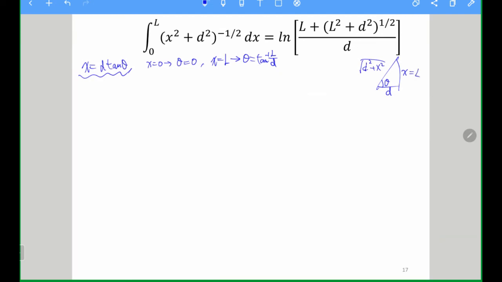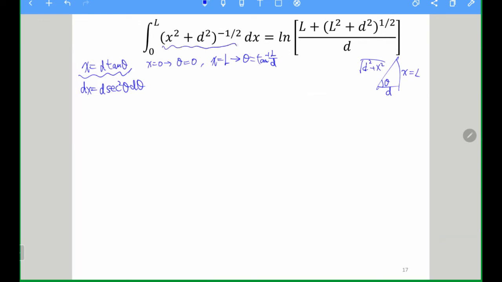Theta should then correspond to arctangent of L over d. Also, dx should be d secant squared theta d theta. Okay, so then we can just plug into the original expression.